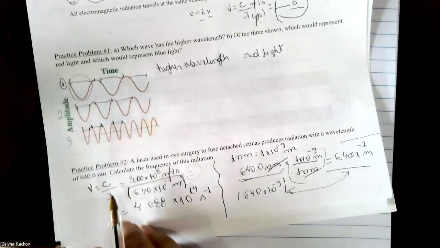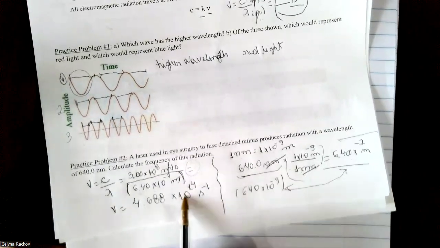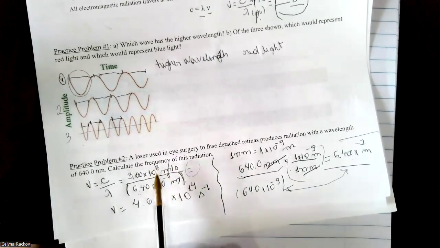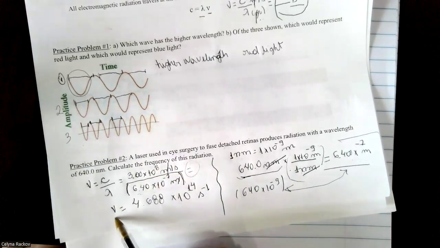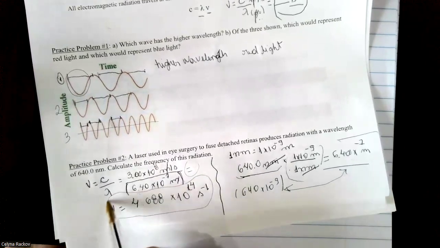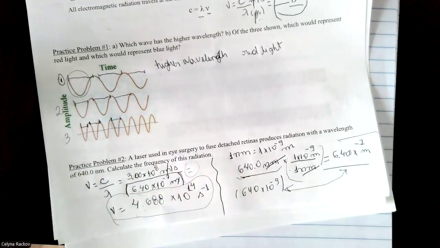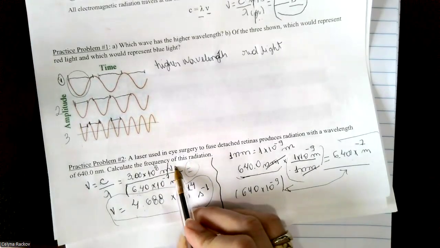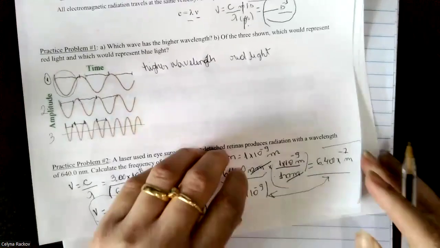If you don't get this number, you are not typing correctly in your calculator. The frequency should be this number, and the unit is per second.